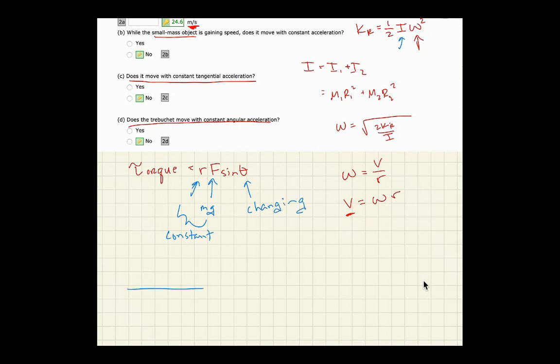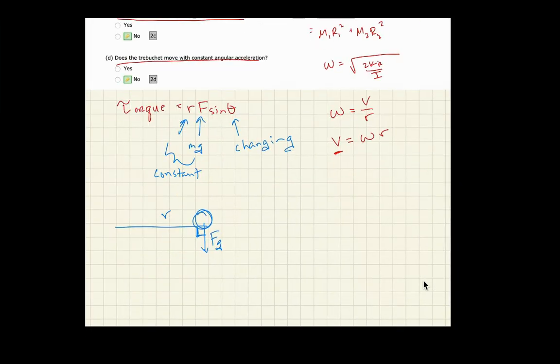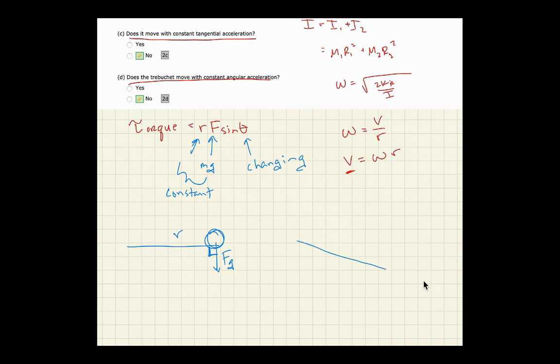For example, at the very beginning, the angle between the R and FG is 90 degrees. But as soon as this thing starts to rotate, now the angle is greater than 90 degrees, right? And as it rotates more, then the angle becomes even steeper.